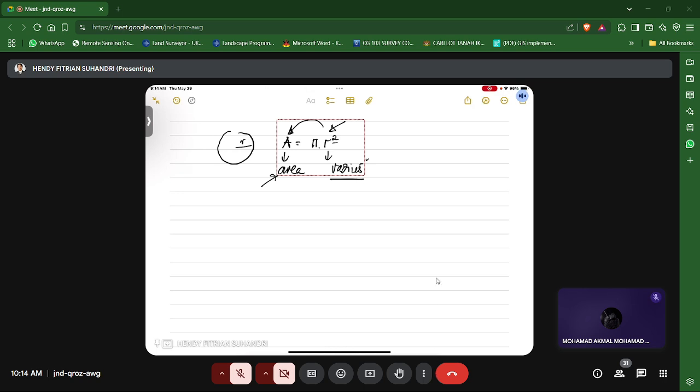Another example, let's say that we have a triangle.